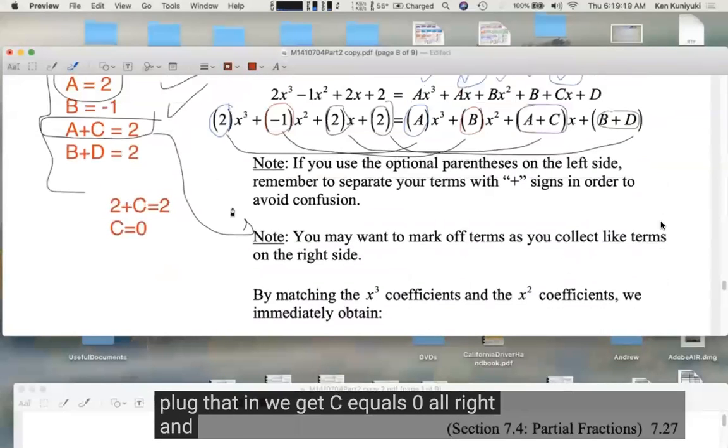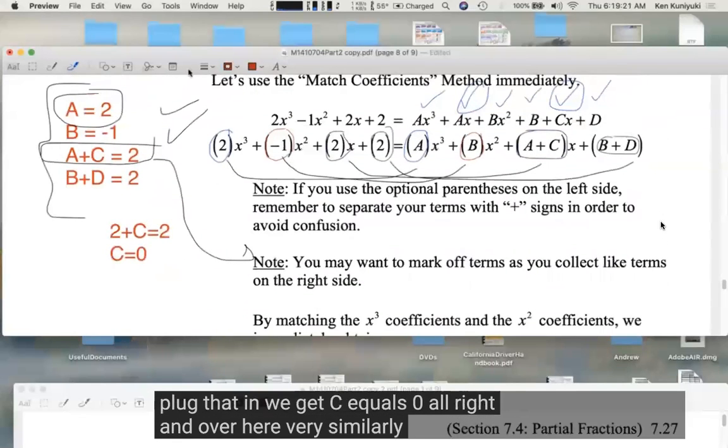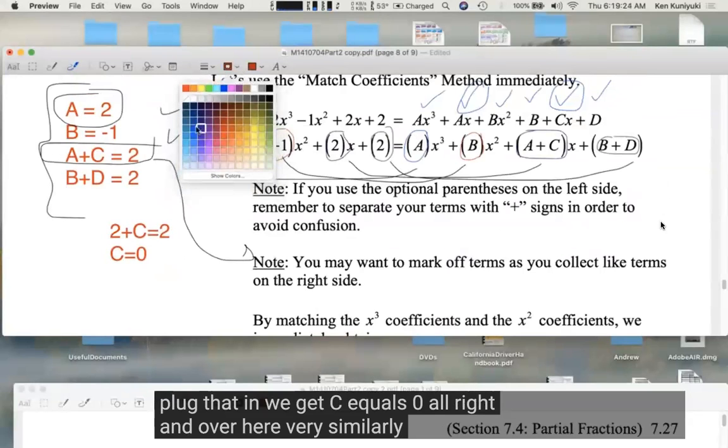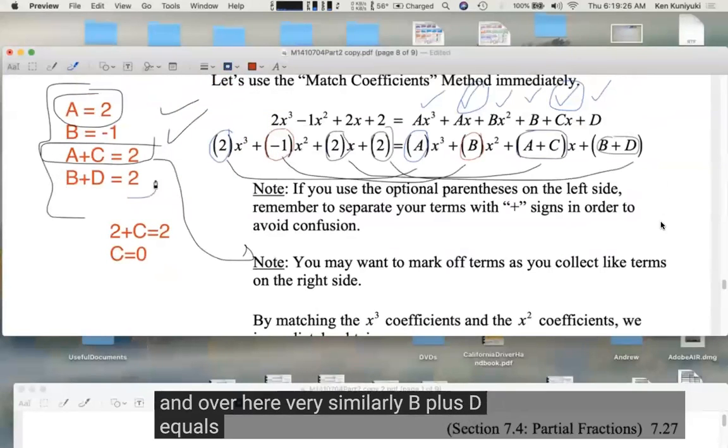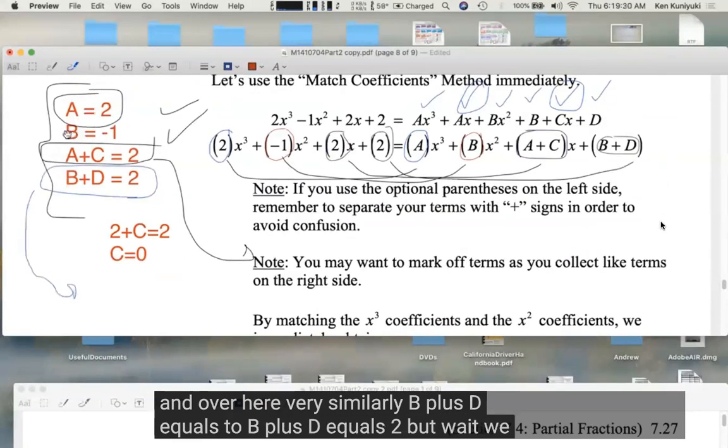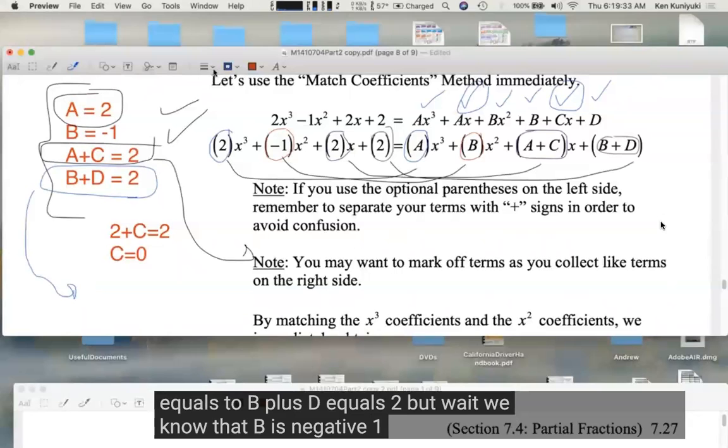All right. And over here, very similarly, B plus D equals 2. But wait, we know that B is -1.